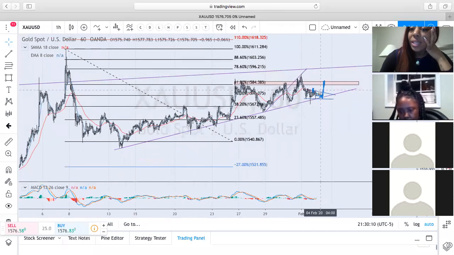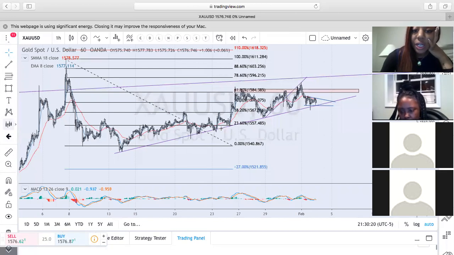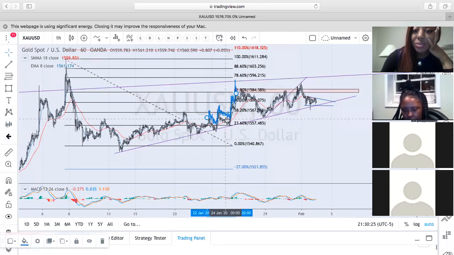So once this comes here, we need to see if this is going to drop and break down, or if it's going to do even like this structure here, where we had this channel formation down, then we had this breakout. Wait, not that high. One sec.